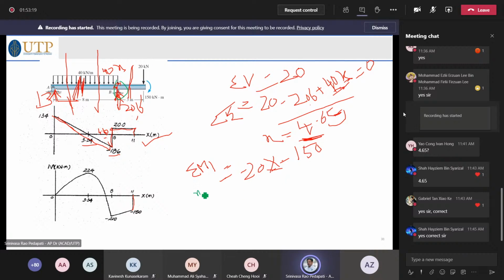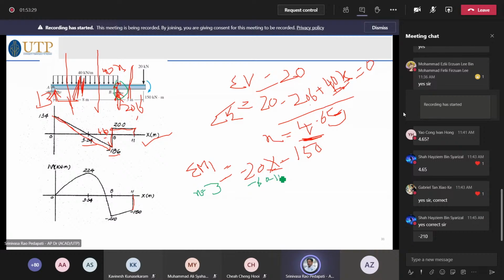At x is equal to 3, your section 1 finishes. What happens? Minus 60 and minus 150. Minus 60 minus 150 is minus 210. So that is what is shown here. And it is varying with x, that means it is a straight line.